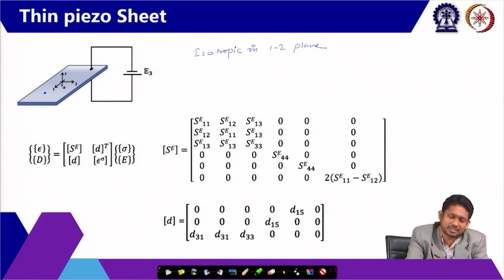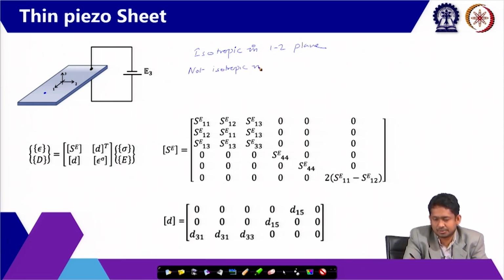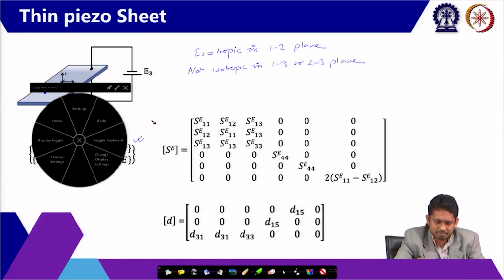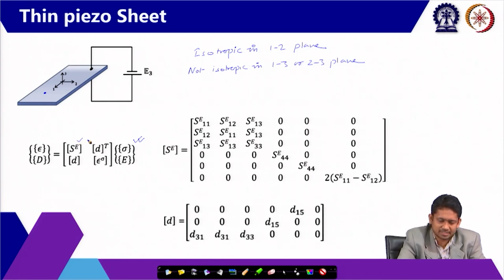So, whatever the elastic modulus or the other properties are in direction 1, they can be the same in direction 2 also, but they are not isotropic in other planes, not isotropic in the 1-3 or 2-3 plane. So, with that, if you want to write the constitutive relation in this form, then these constants S E and d come to be like that. So, it is isotropic in the 1-2 plane.